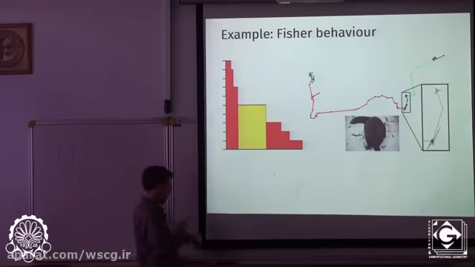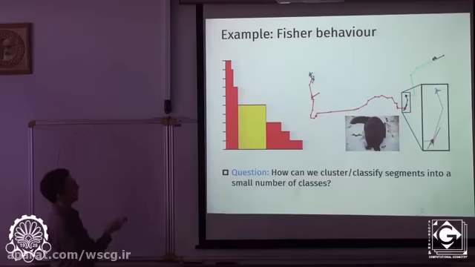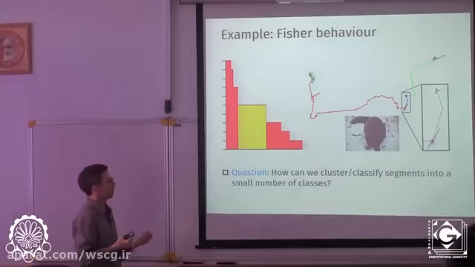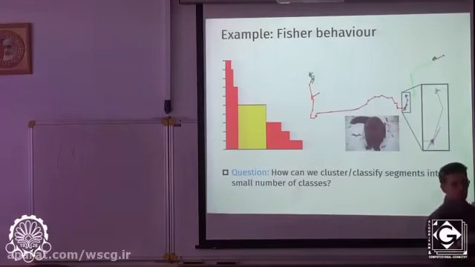But the question that I'd now still want to address is the following: if I have a segmentation like this, how can I cluster or classify the segments into a small number of classes? So now we have the segments, but every segment will have its own diffusion coefficient.